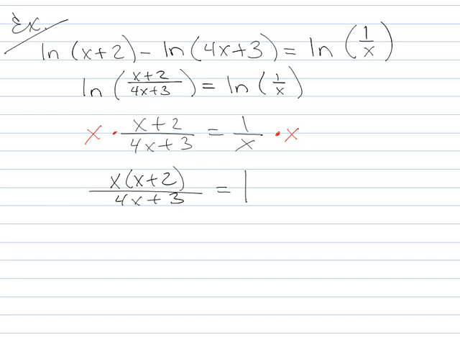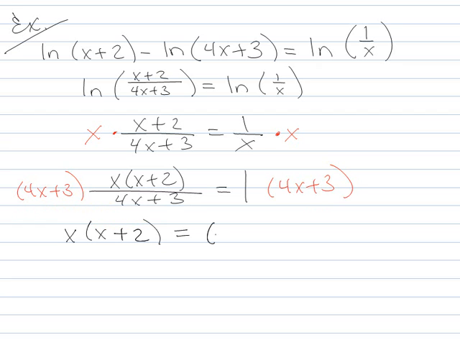Now let's say I want to get rid of the 4x plus 3 on the bottom. So how do I get rid of the 4x plus 3 on the bottom? I'm going to multiply both sides by 4x plus 3. So we'll cancel out my 4x plus 3's. And then here on the left, I've got x times x plus 2.